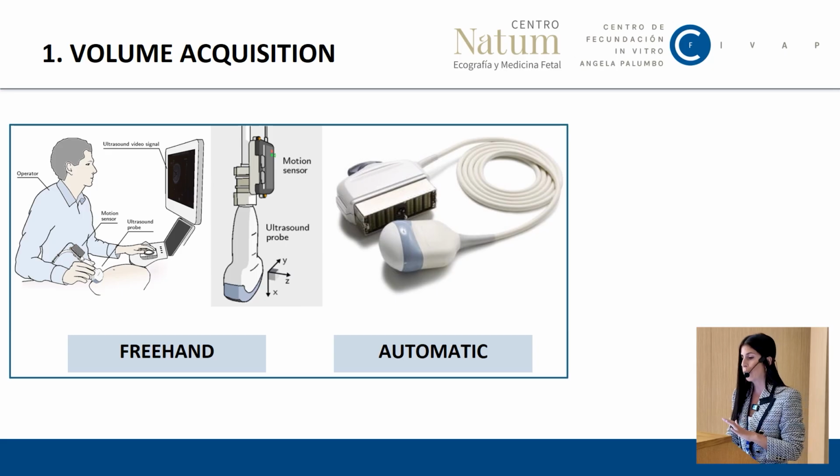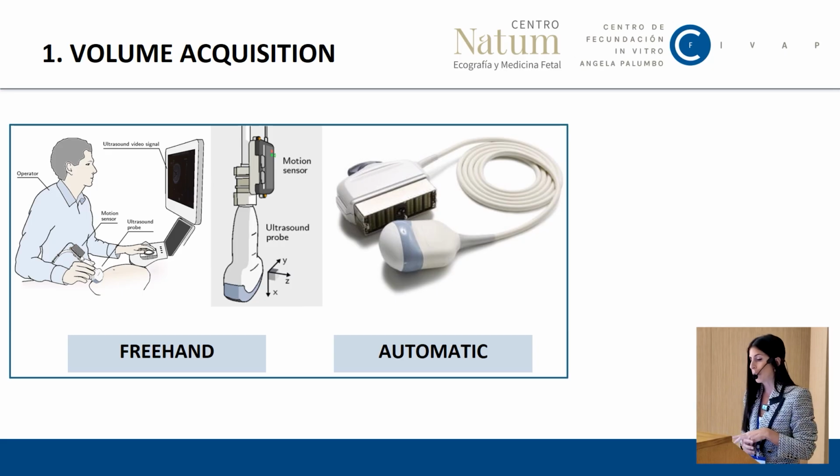And we have two different systems available. First of all, the freehand system. This one requires a sensor to be attached to the 2D probe. The advantage of this technology is that it can be used with any commercially available probe.